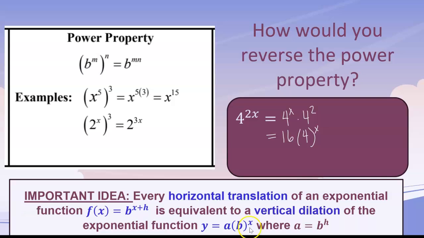So important idea: every horizontal translation of an exponential function, f of x equals b to the power of x plus h, is equivalent to a vertical dilation of the exponential function y equals a times b to the x, where a is b to the h, or in this case, 4 to the second power.